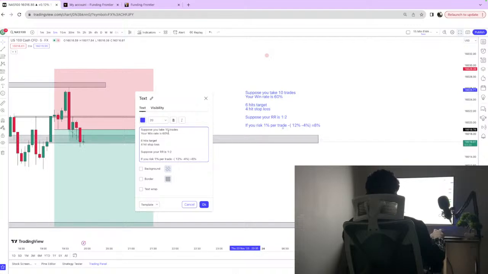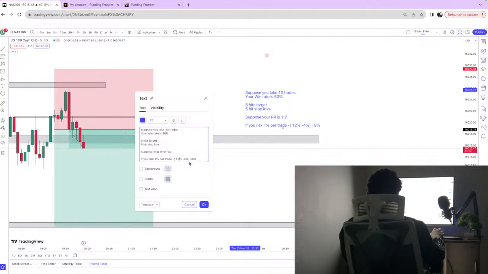Let's take one more example. Suppose your win rate is 50%. So now 5 hit target, 5 hit stop loss, and your risk reward is 1 to 2 only.